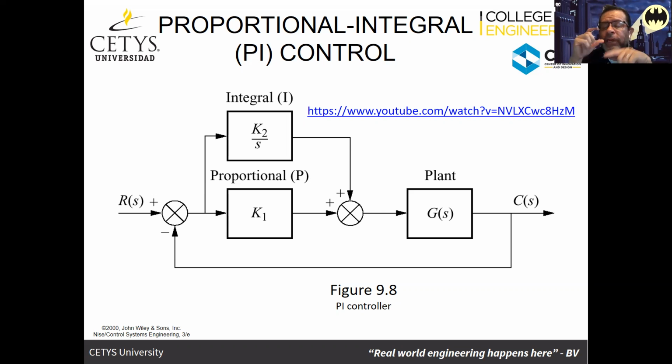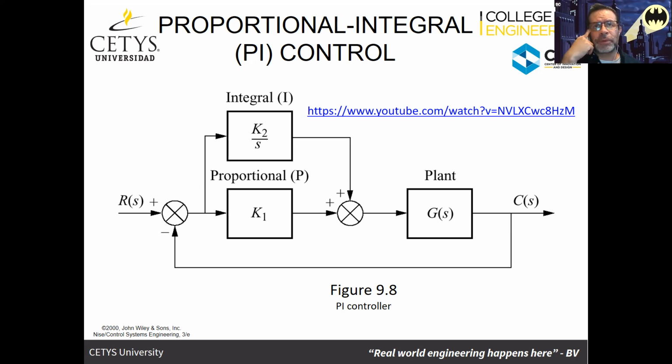And so we incorporate now the integral component to make a proportional integral controller. And so what does the integral component do? The integral component is going to automatically add an S or a pole at 0 to the transfer function. That automatically is going to increase the type of the system, and therefore, it's automatically going to have an improvement on the steady state. That's the purpose of the integral control.